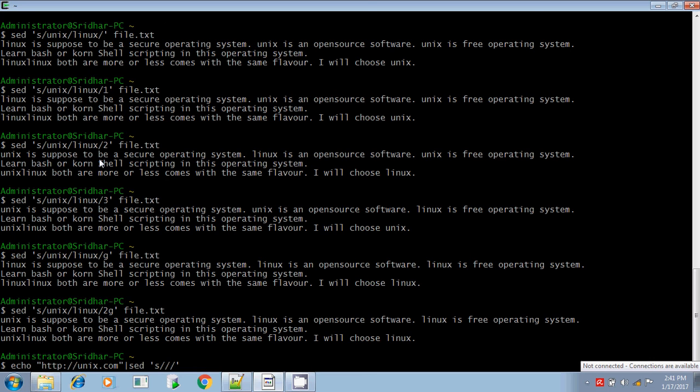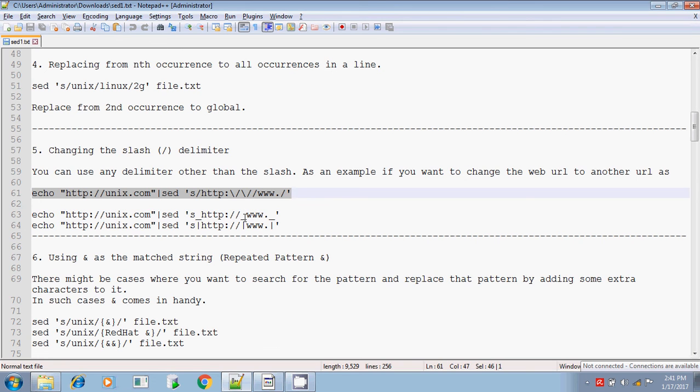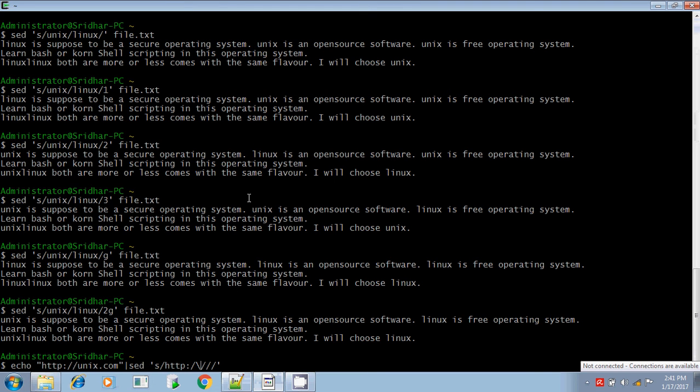So here I am writing the substitution. What am I finding? I am finding http://. Since I am putting slash and my syntax is also slash, I want to escape this slash. To escape this slash, you have to put a backslash in front of the slash symbol. And then you want to replace this by www dot.